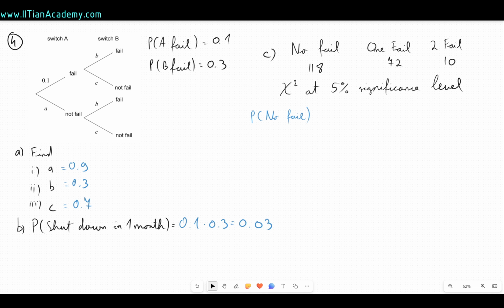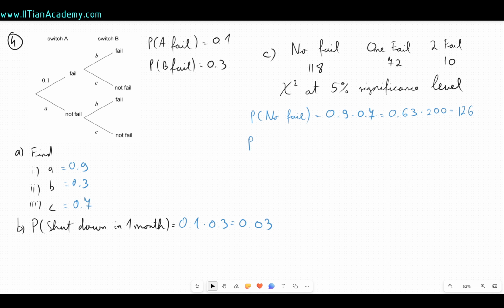So that's going to be 0.9 times 0.7. And if we multiply that out, we get 0.63. And then we have 200 tests, so we expect from the 200, 63% to have no fail, so that will be 126.